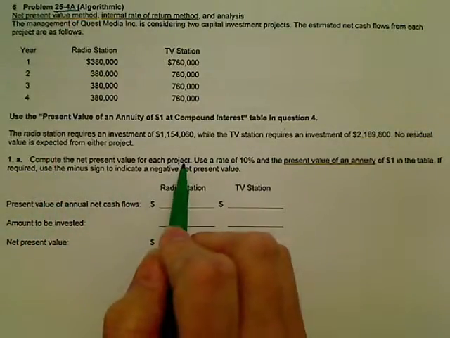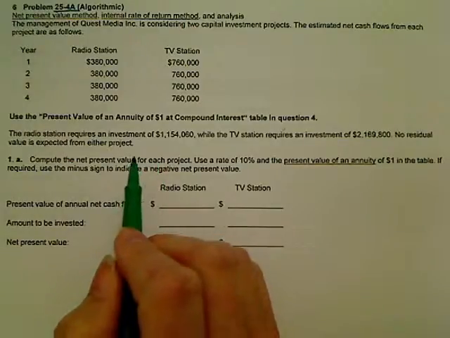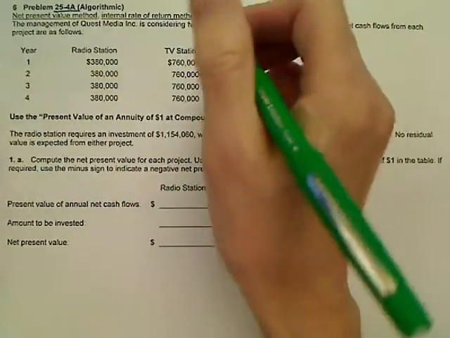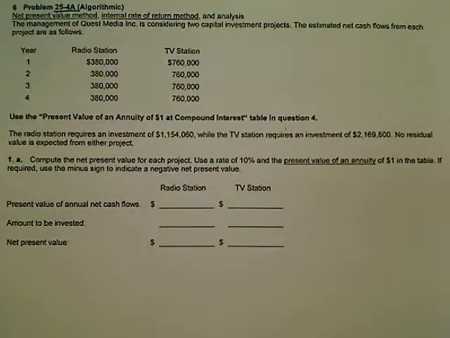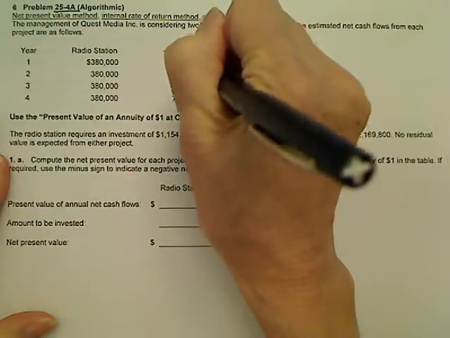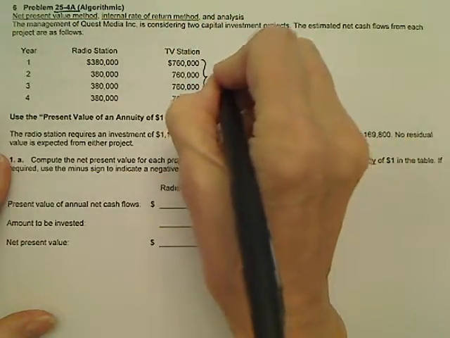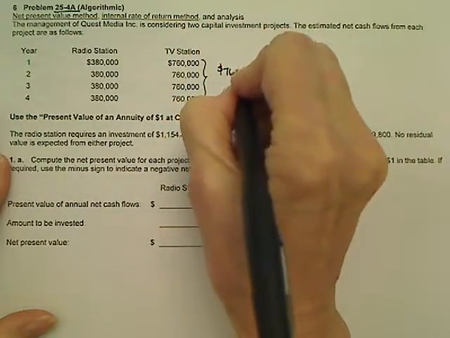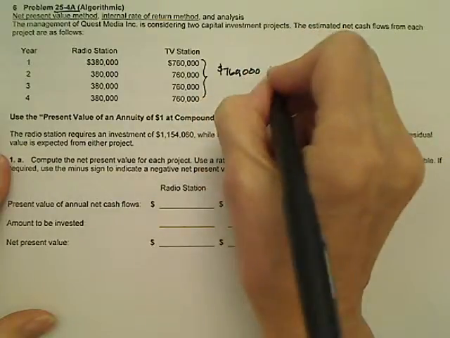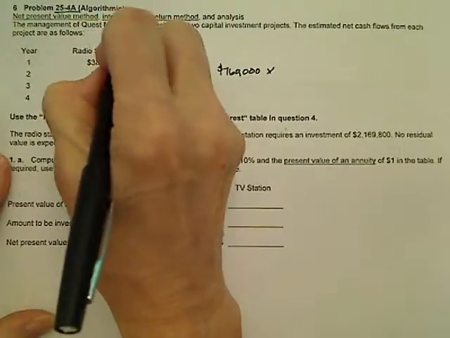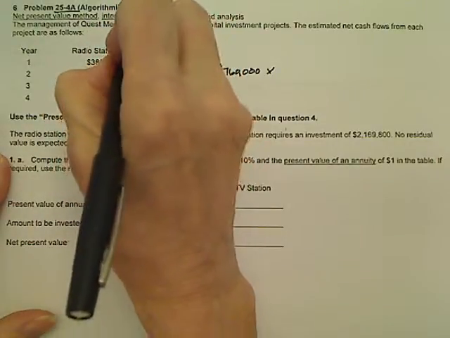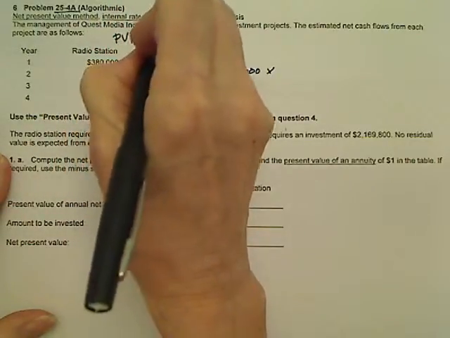To get the present value for each project, we first need to calculate the present value of the cash flows. For the TV station, it is $760,000 times the present value factor. So this is the present value of the net cash flows.